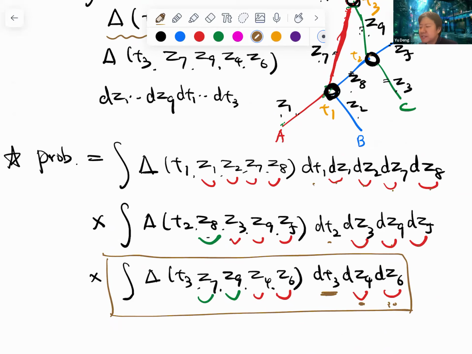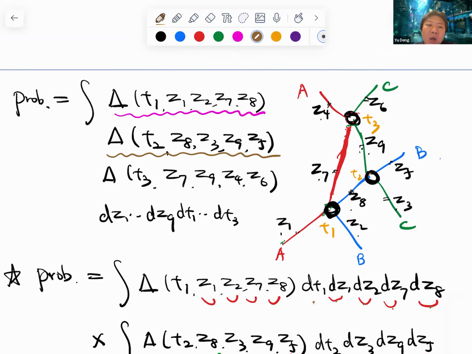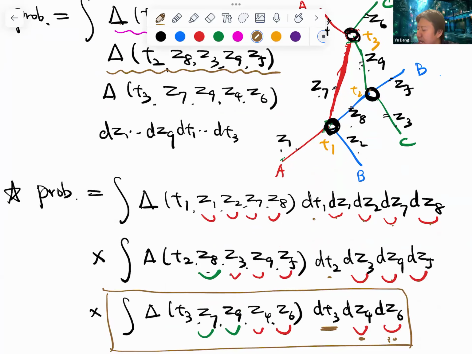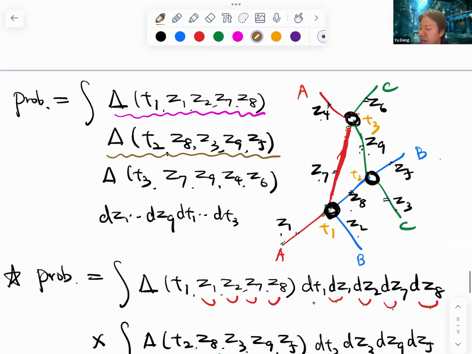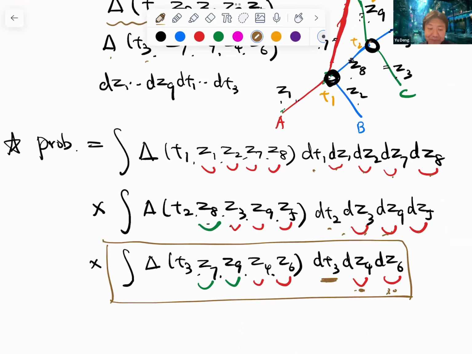Okay, so basically in this writing, we are first looking at the first delta factor, and we list the associated variables there, and then we look at the second factor in the second line, and then the third delta function, and we write it in the third line.